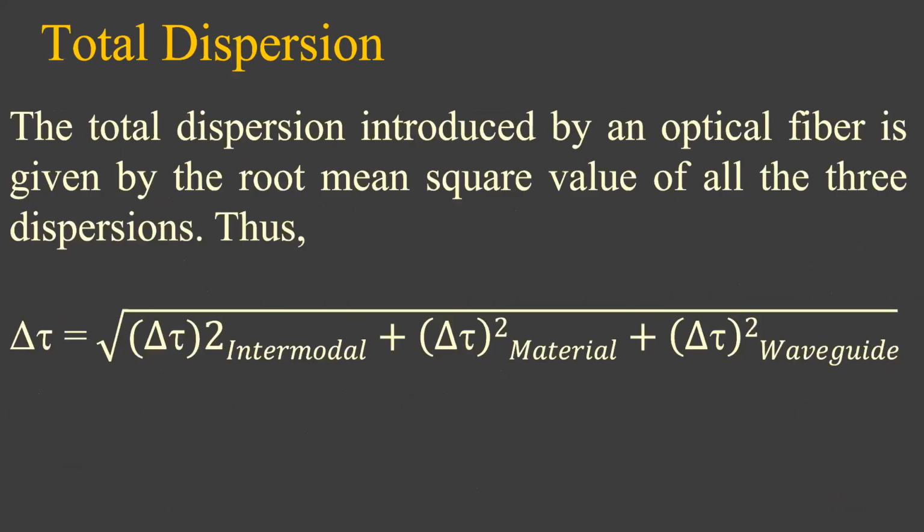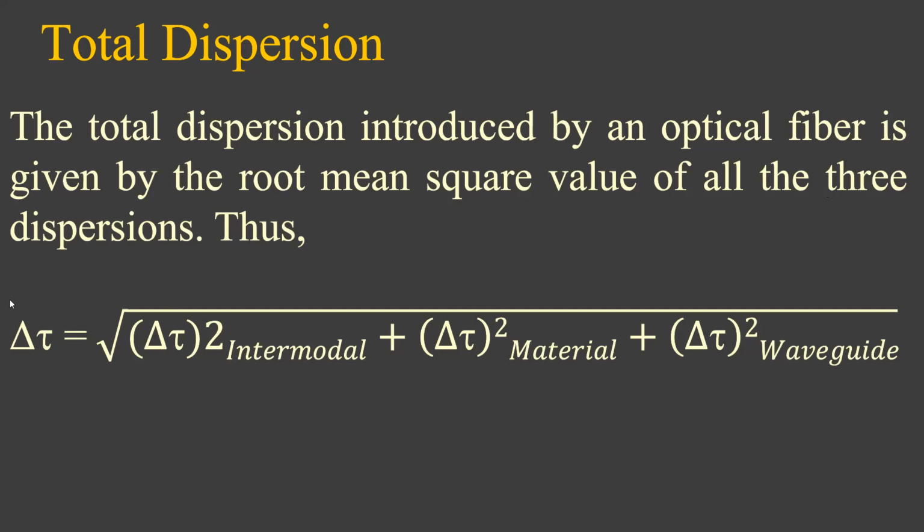So the total dispersion introduced by an optical fiber is given by the root mean square value of all the three dispersions.